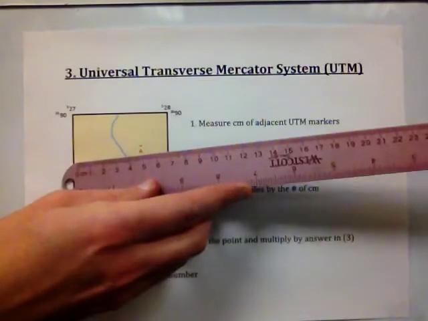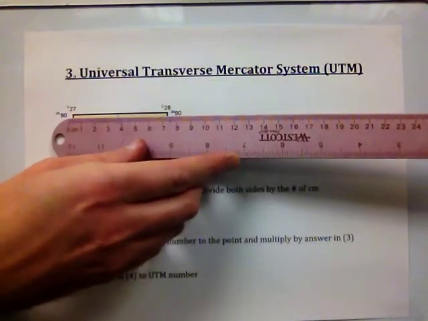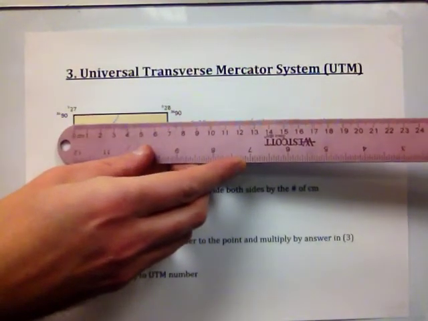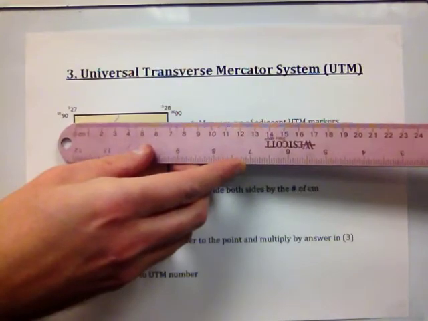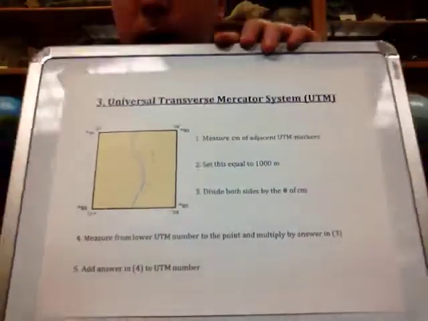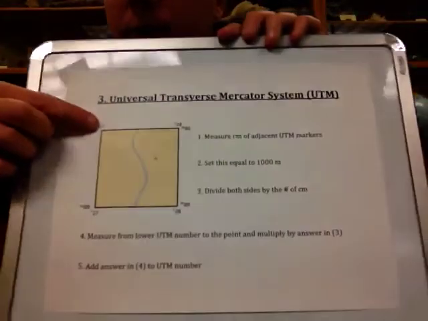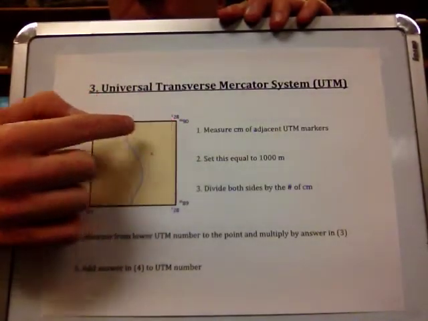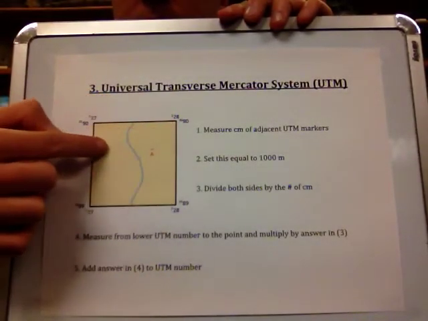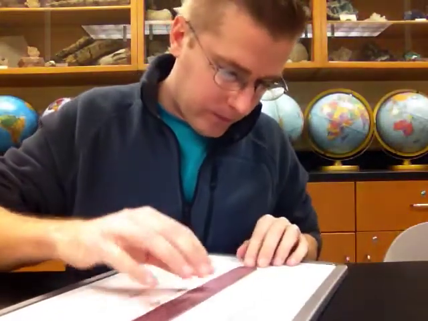You want to measure from one UTM reference point to the adjacent one. So we're going to measure from the coordinates that are 527 to 528, because that's going across this way. So let's go ahead and measure that with the ruler.